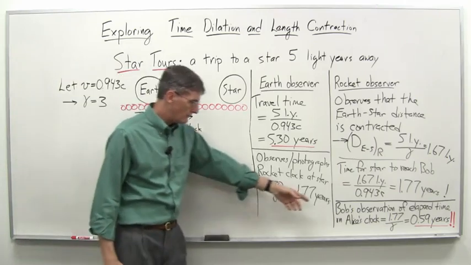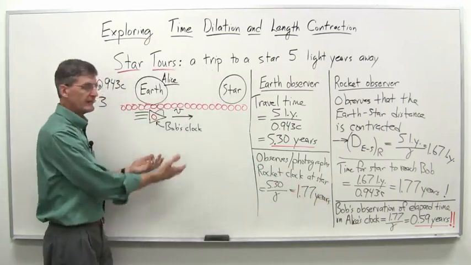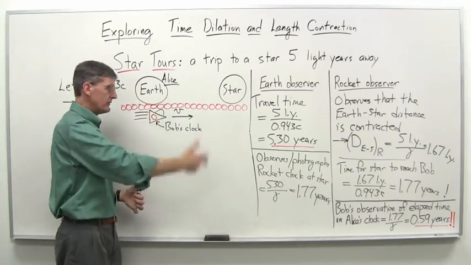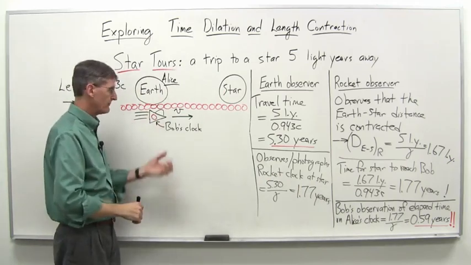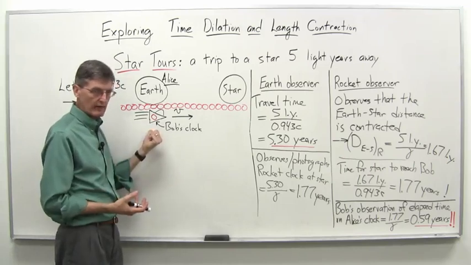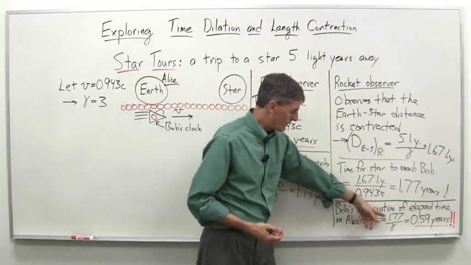So we said, Bob's observation of the elapsed time on Alice's clock. He's sitting there, watching Alice's clocks go by. He compares the timekeeping on her clocks to his clock and sees a time dilation factor such that, I squeeze it in down here, it's 1.77 years.